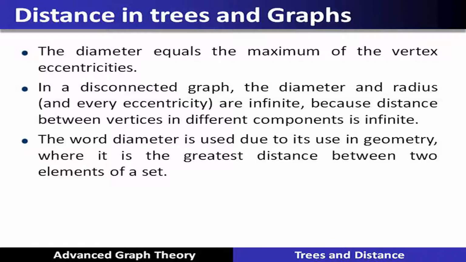In a disconnected graph, the diameter and the radius are infinite, because the distance between vertices in different components is infinite. The word diameter is used due to its use in geometry, where it is the greatest distance between two elements of a set.